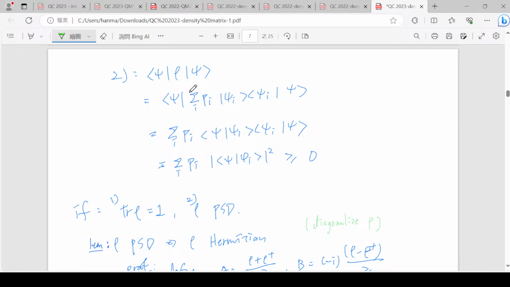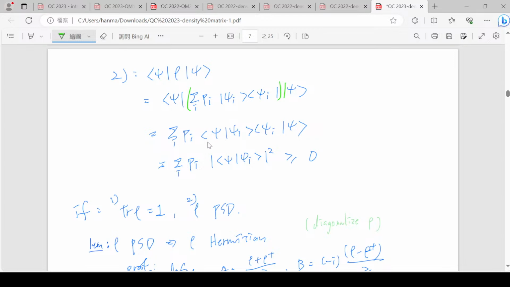So we can put this psi bra and the psi ket inside the summation of pi, and they now multiply with the psi bra and psi ket, and now this thing is just the inner product between psi and psi_i, and this is an absolute value squared.